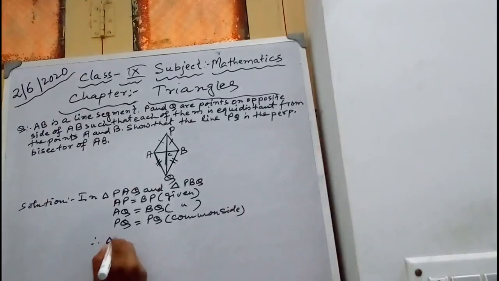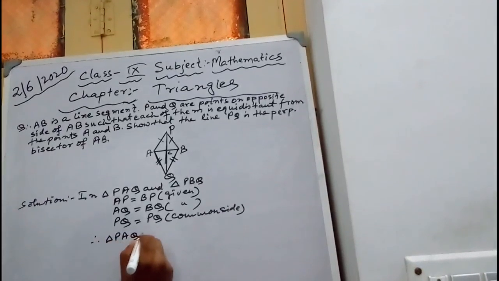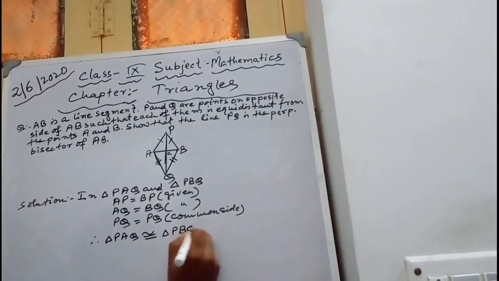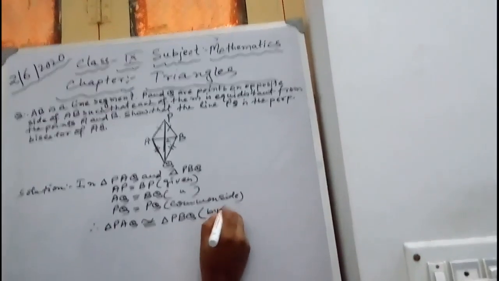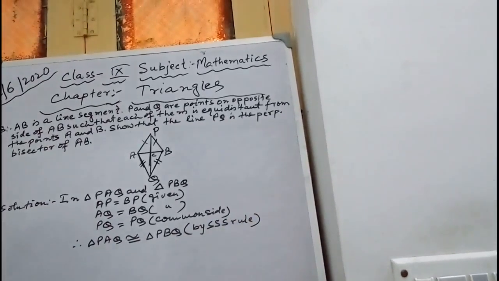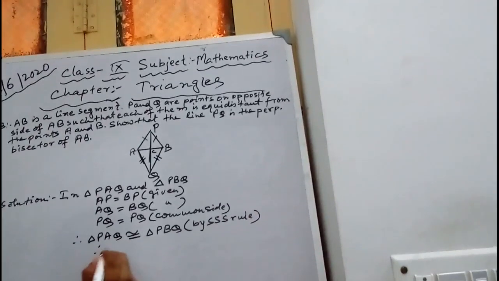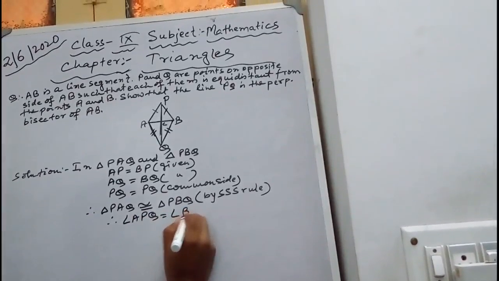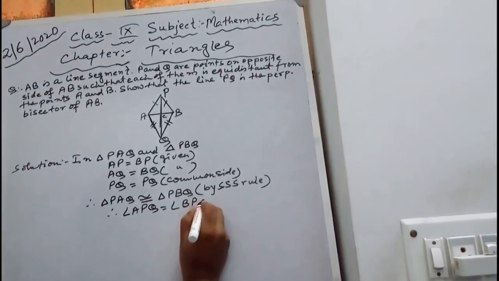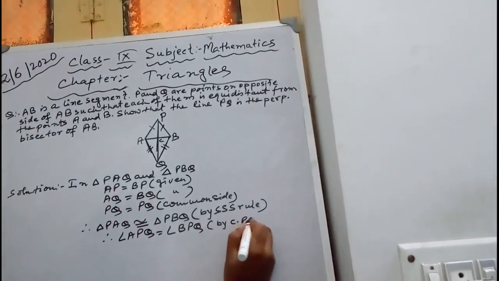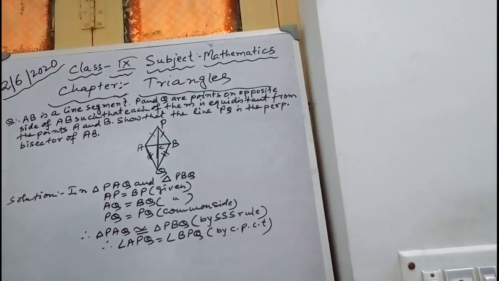Therefore triangle PAQ is congruent to triangle PBQ by SSS rule. Angle APQ is equal to angle BPQ by CPCT.